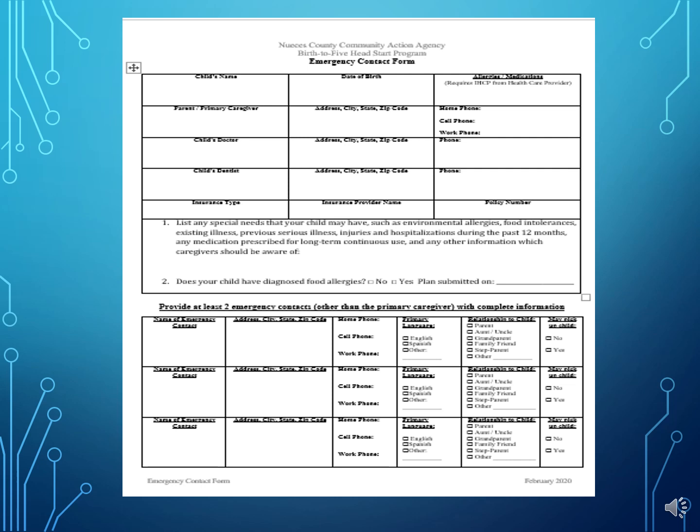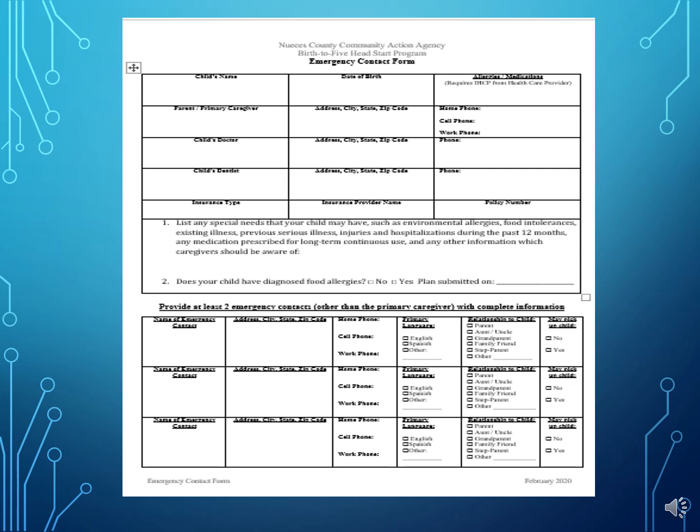This here is the emergency contact form, the manual form that is actually filled out by the parent. There are two questions that need to be answered on this form, and they are numbered. If it does not apply to that child, then the parent is to put none or NA, but they must answer both questions. At the top of the form, you see where it says allergies and medications.